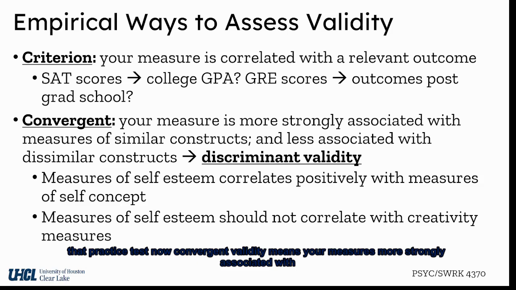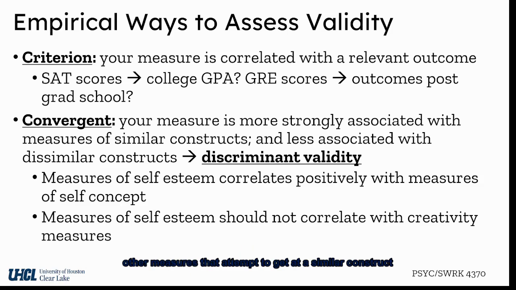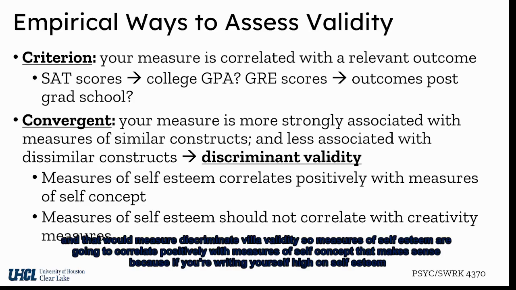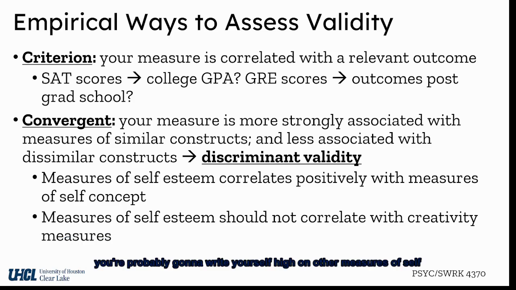Now, convergent validity means your measure is more strongly associated with other measures that attempt to get at a similar construct. And it's going to be less associated with dissimilar constructs. And that would measure discriminant validity. So measures of self-esteem are going to correlate positively with measures of self-concept. That makes sense, because if you're rating yourself high on self-esteem, you're probably going to rate yourself high on other measures of self.